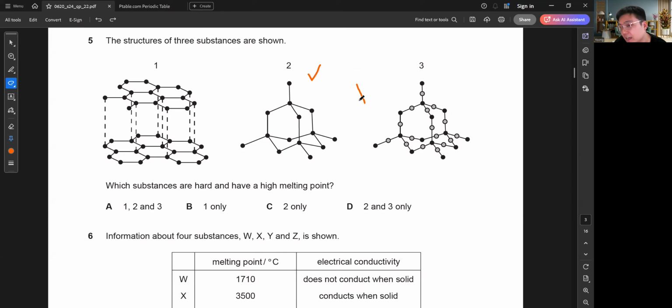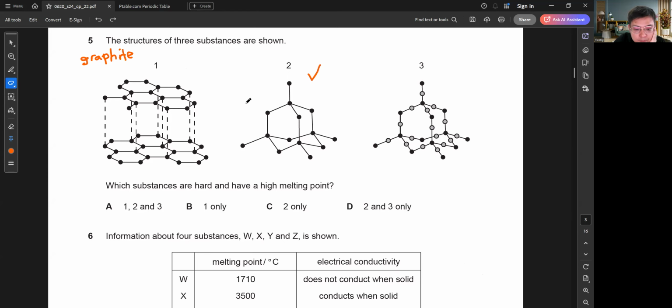So this definitely is hard because it's a diamond shape, and it definitely has a high melting and boiling point. Okay, this one here is graphite. Students should have learned graphite in their syllabus before. It's one of the complex molecular structures.